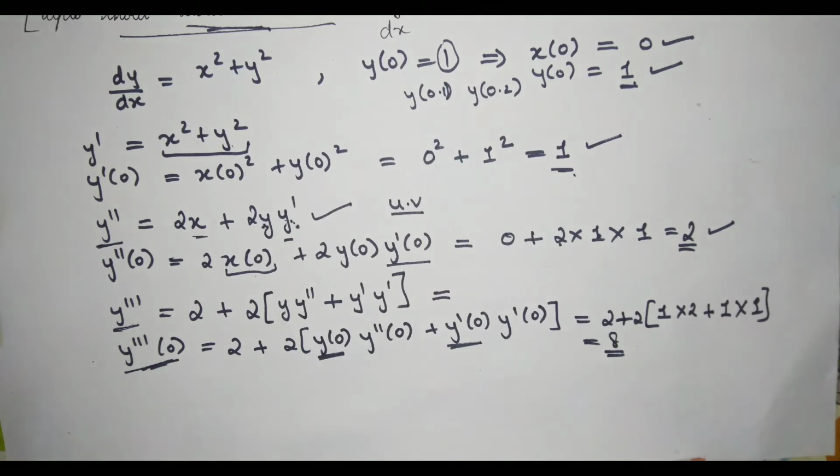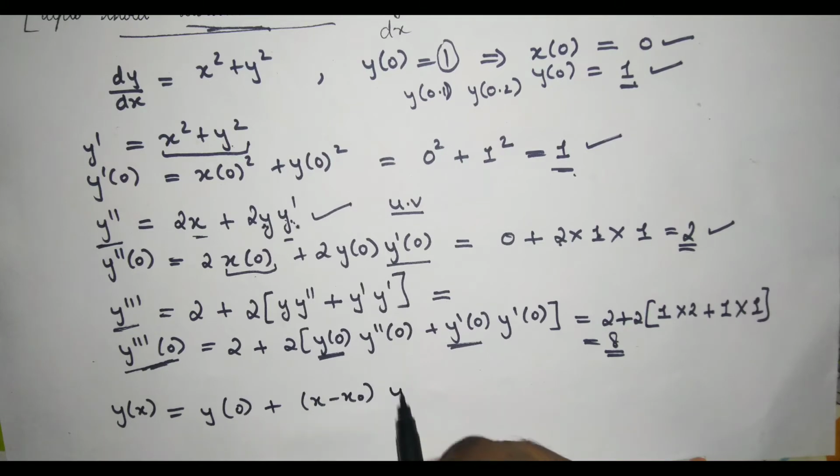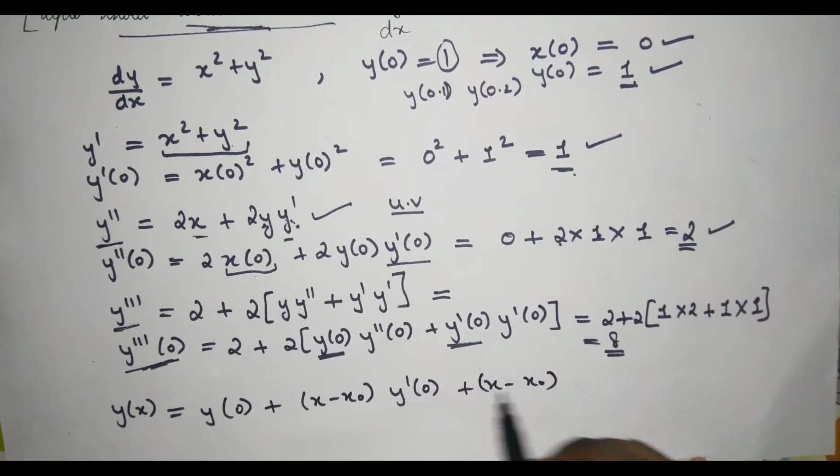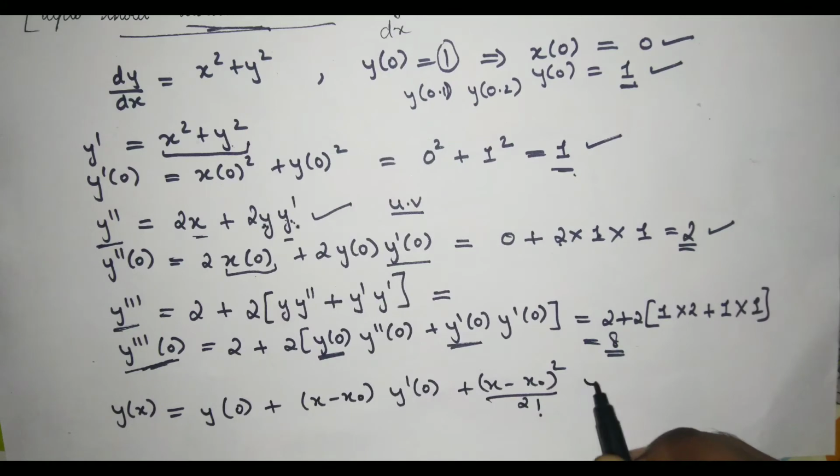Okay, so I'll write up the Taylor series, that will be the final answer, and you just have to substitute the values. So the Taylor series is given as y of x is equal to y of 0 plus (x minus x naught) into y dash of 0, plus (x minus x naught) whole square by 2 factorial into y double dash of x naught, or we can say 0.